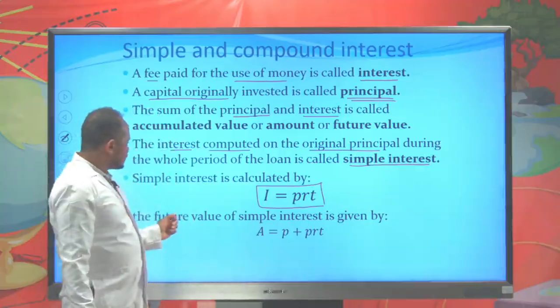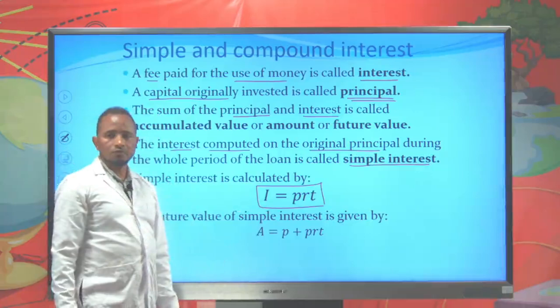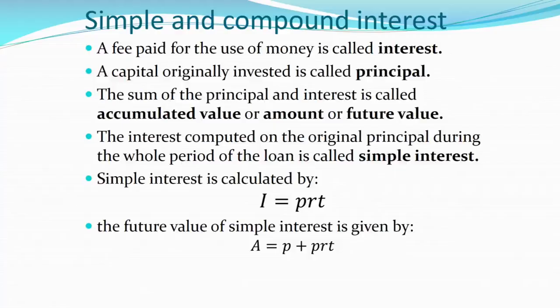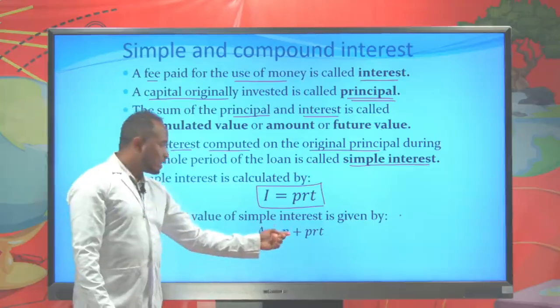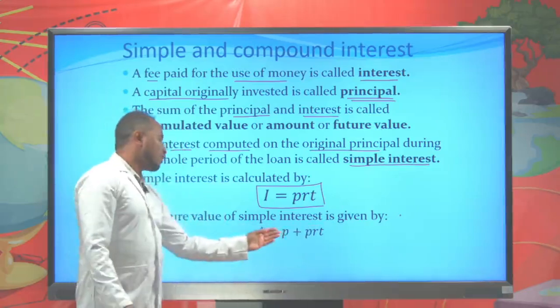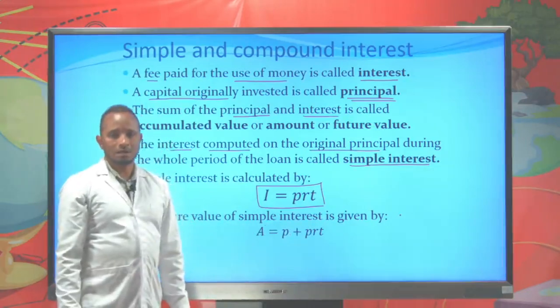The future value of simple interest, that means the amount, is equal to the money originally put, which is P, plus the interest, which is PRT. Therefore, the amount will be P plus PRT.